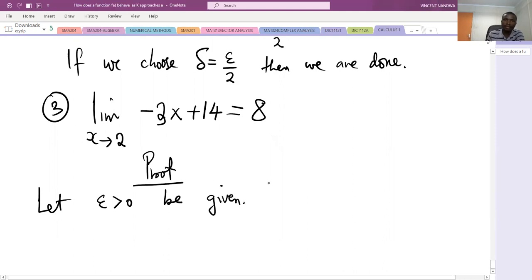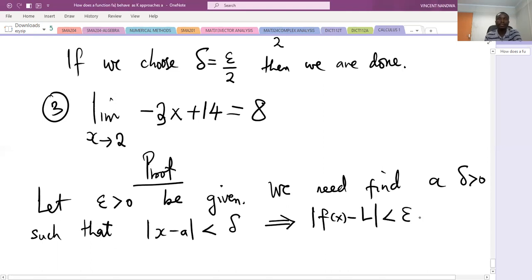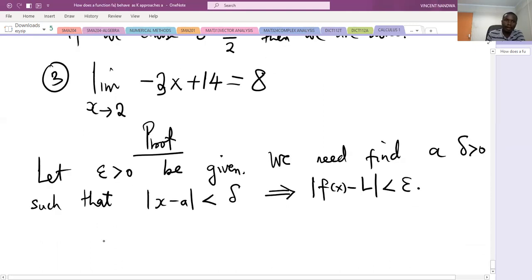The objective is that we need to find a delta greater than 0 such that absolute value of x minus a less than delta implies absolute value of f of x minus L is less than epsilon. So that's the stem of the proof. So we say absolute value of x minus 2 is less than delta. Because a, we already have it, call it equation 1.